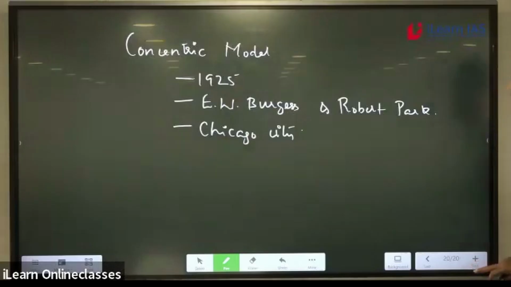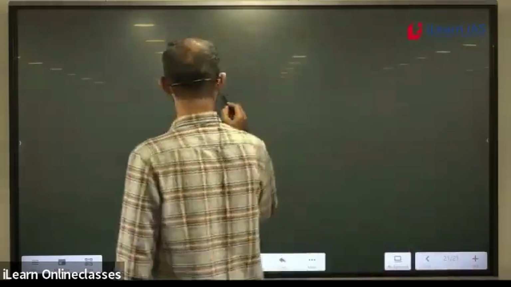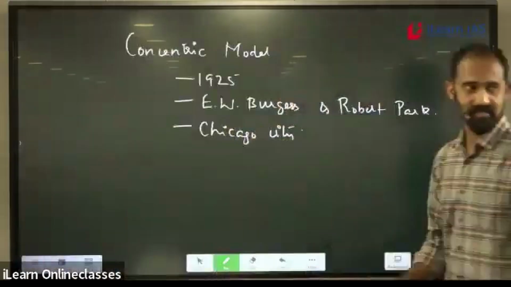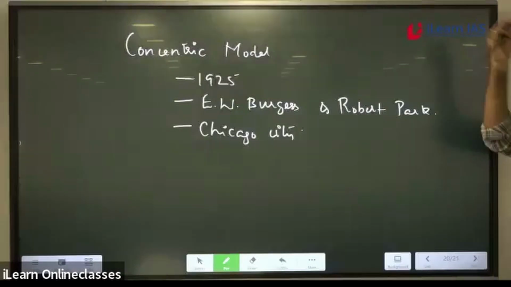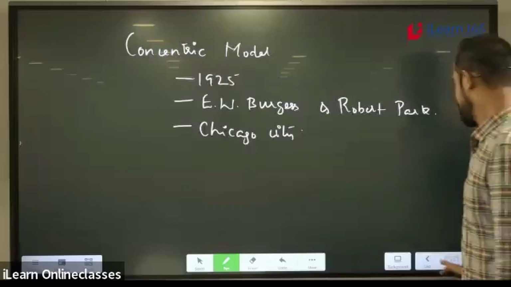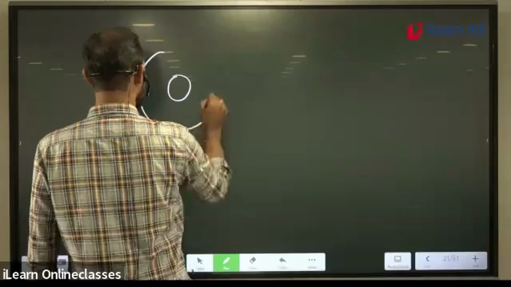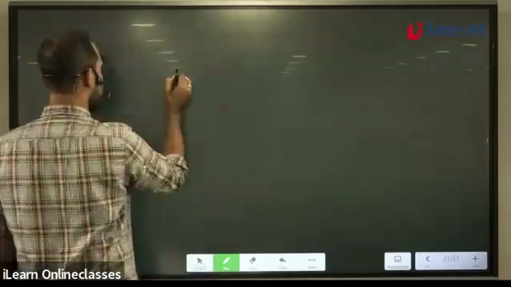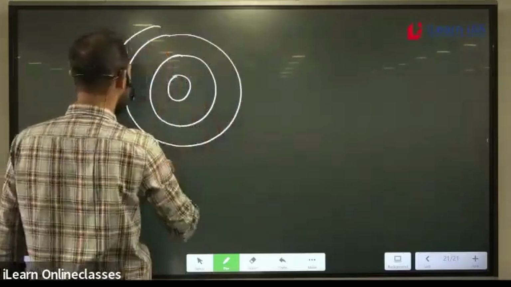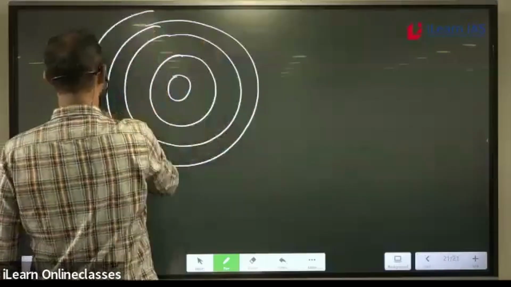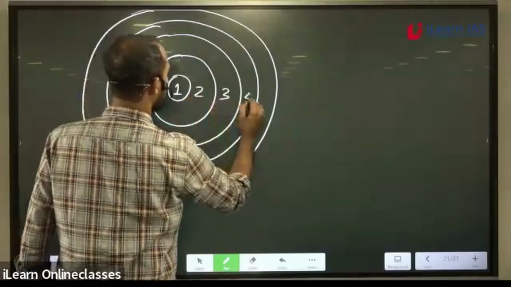The concentric model will be a collection of concentric circles, each circle belonging to a different land use. 1, 2, 3, 4, 5.